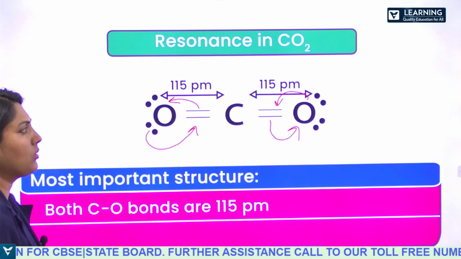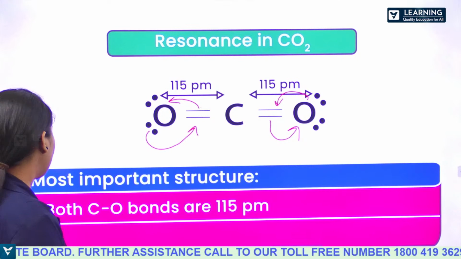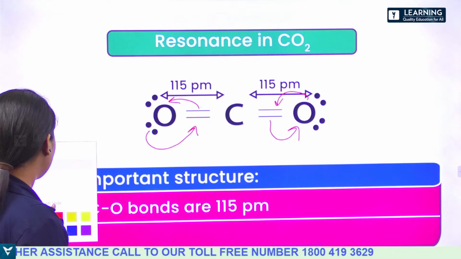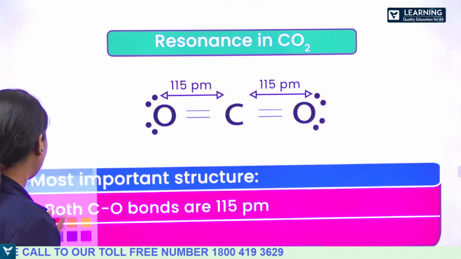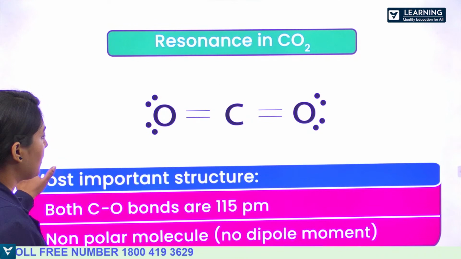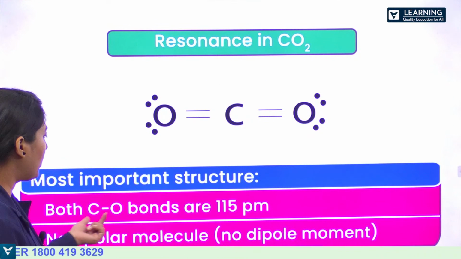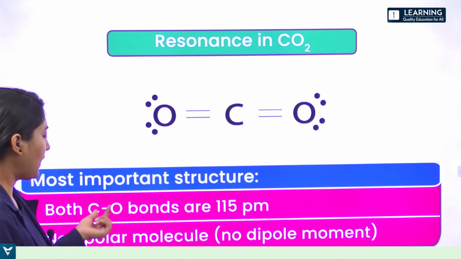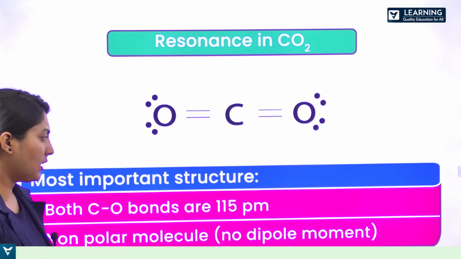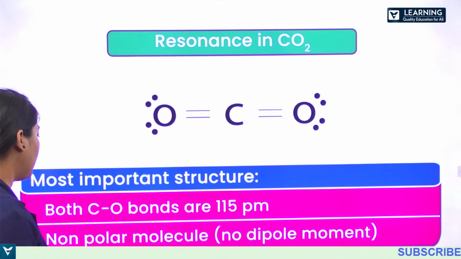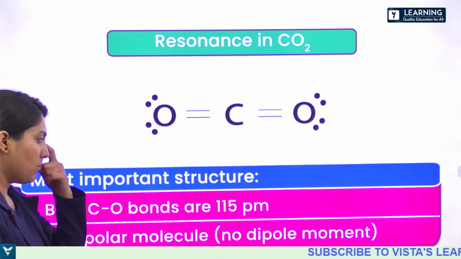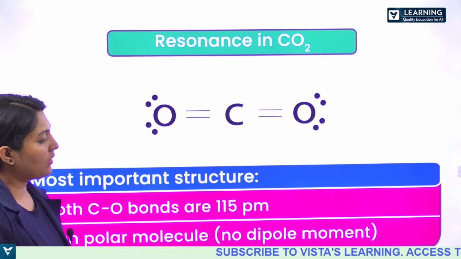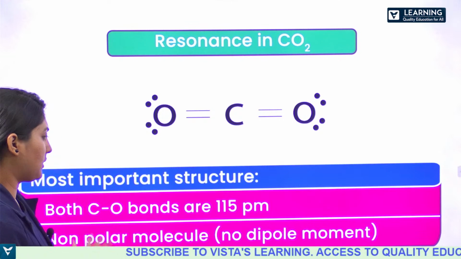So those are the 2 resonance structures for carbon dioxide. You can see here the carbon-oxygen bond length is about 115 picometer, and they are non-polar molecules, so they will not have a dipole.